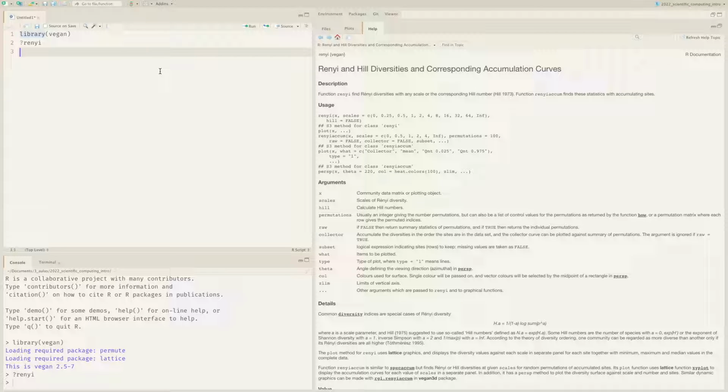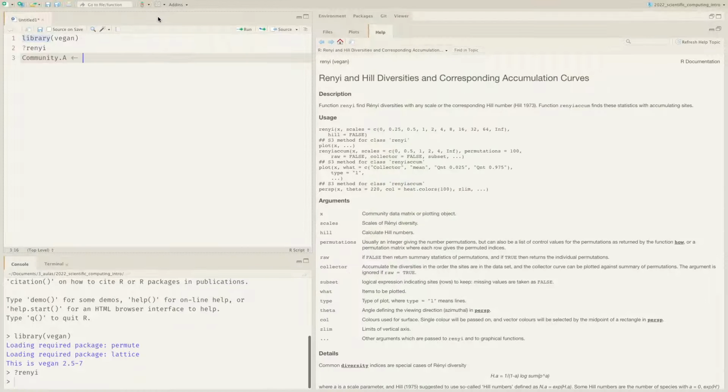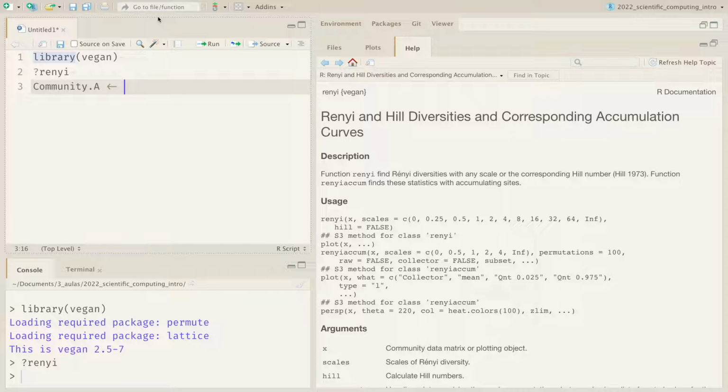What we want is something to compare the two Renyi diversities. So I have community A. Okay, now I see.